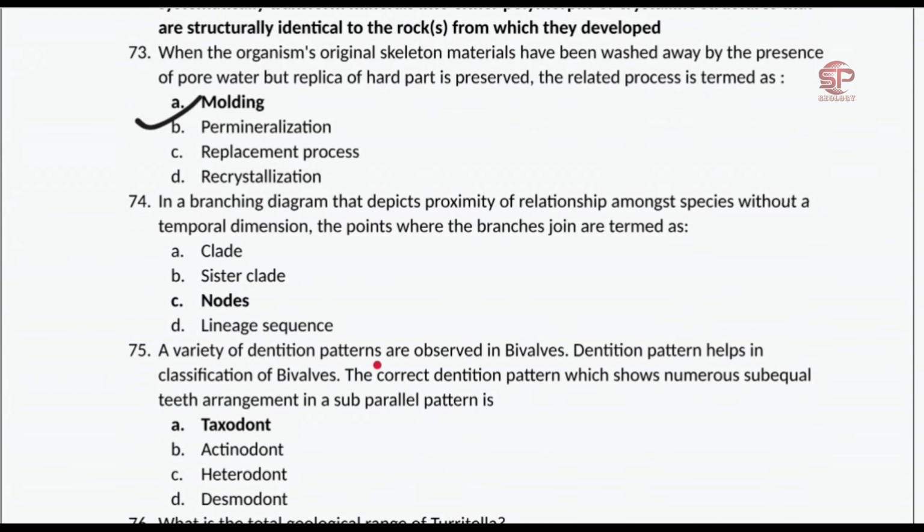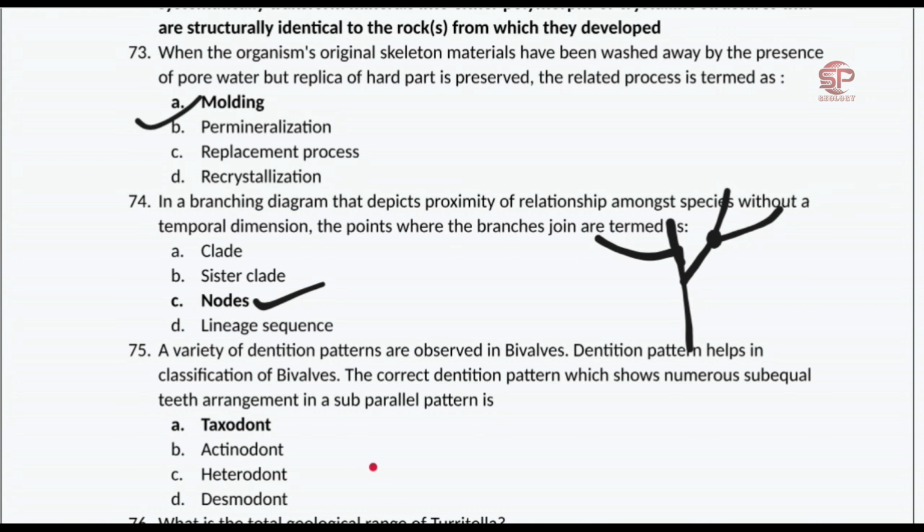Then, in a branching diagram, branching is an evolutionary diagram where different evolutionary trends are shown, where different species evolve from existing species. Where two branches join, this part is called a node. This is called a node in the evolutionary diagram.